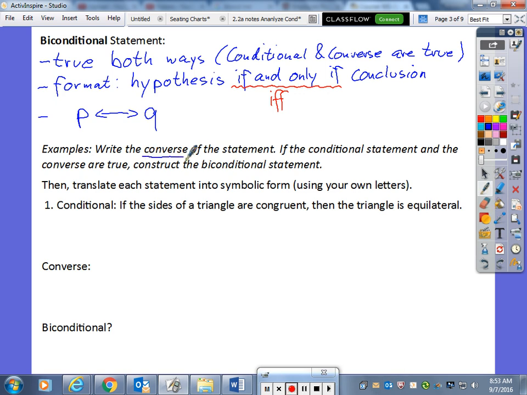Write the converse of the statement, and if the conditional and the converse are both true, then construct the biconditional statement. And then we're going to translate each statement into symbolic form. The conditional states, if the sides of a triangle are congruent, then the triangle is equilateral.